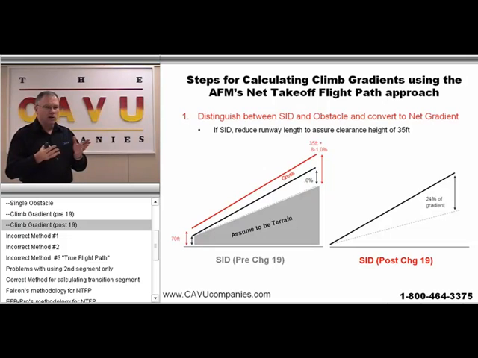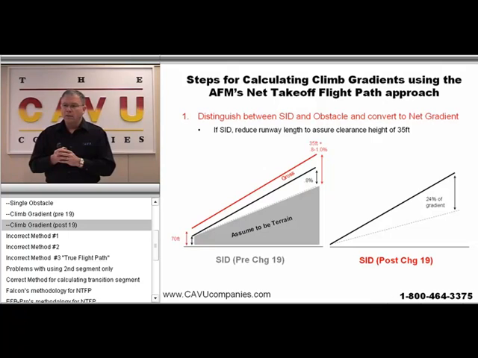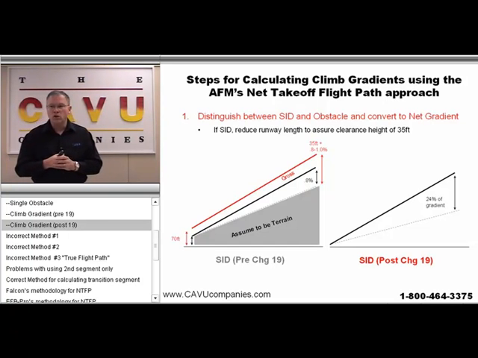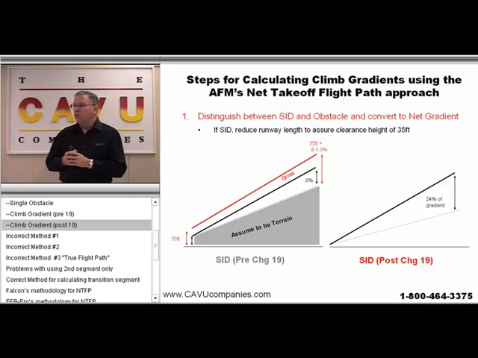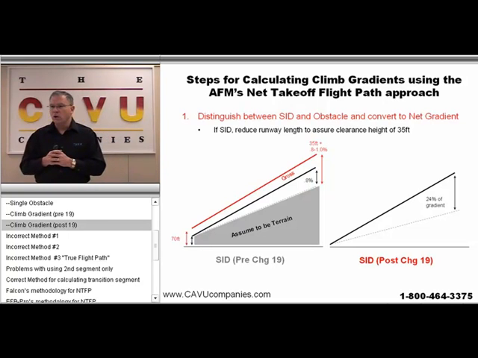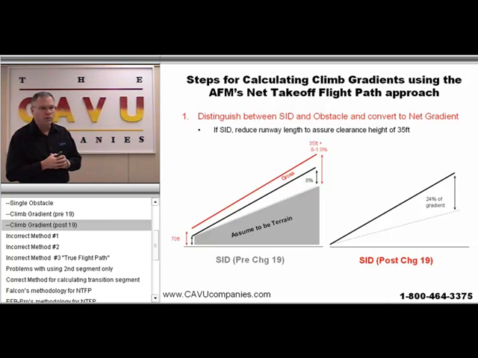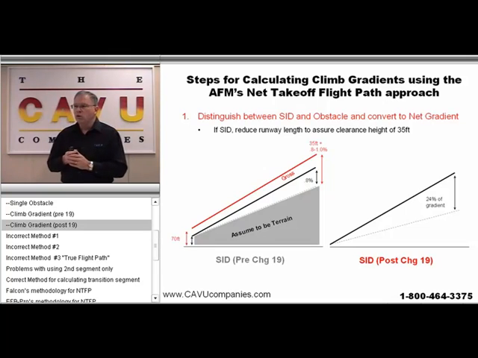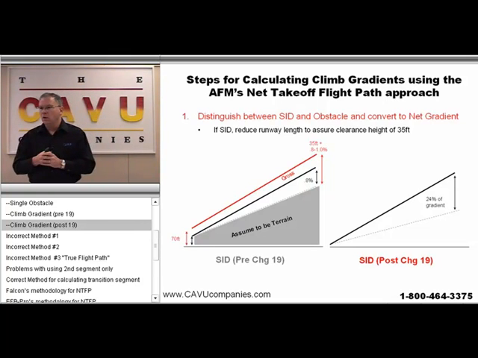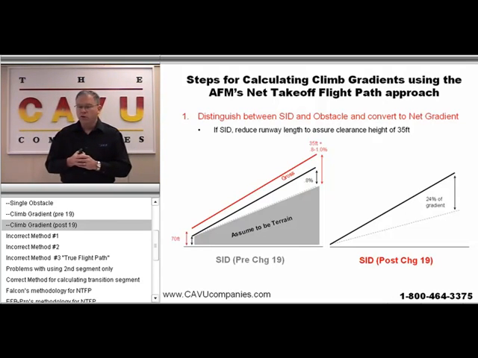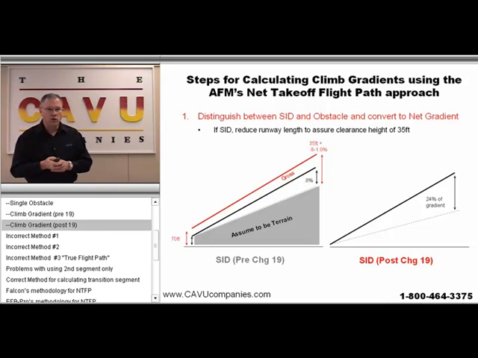If you take a look at, let's say, the Aspen approach chart, you'll notice in there that there's an obstacle, 1,000 feet to the left of the center line, some 1,000 feet downrange, that's identified for you. If you notice this nomenclature in your approach charts down by where the climb gradient requirements are listed, that's a good indication that you're dealing with a post-change 19 departure, because you can always check with your local FAA office to determine whether or not that's correct. But that's probably a pretty good indication.